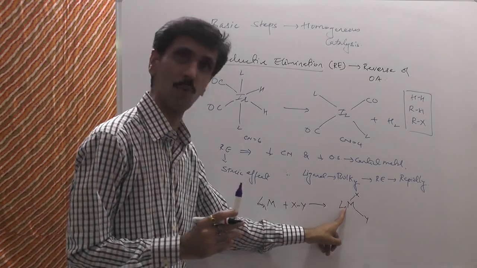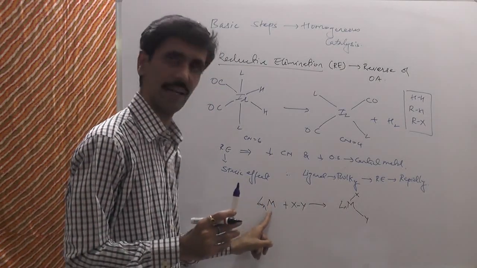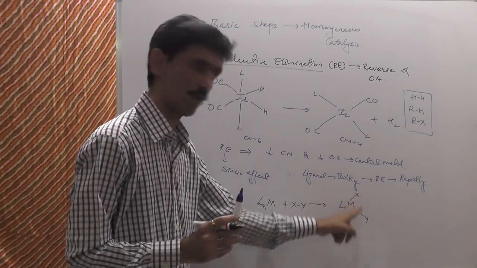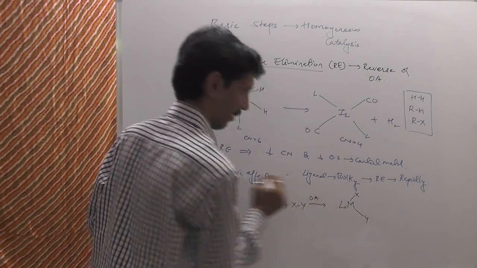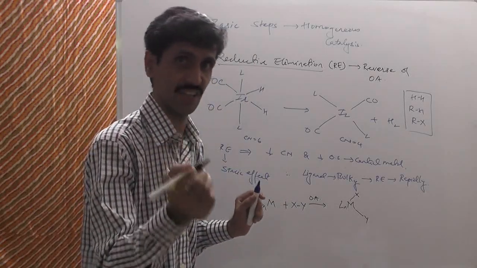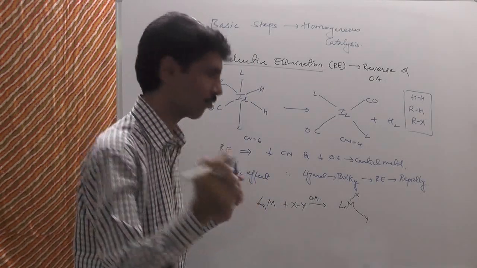If n is equal to 1, the coordination number is only 1, but now it becomes 3, right? This is nothing but oxidative addition, which results in an increase in both the oxidation state as well as the coordination number.